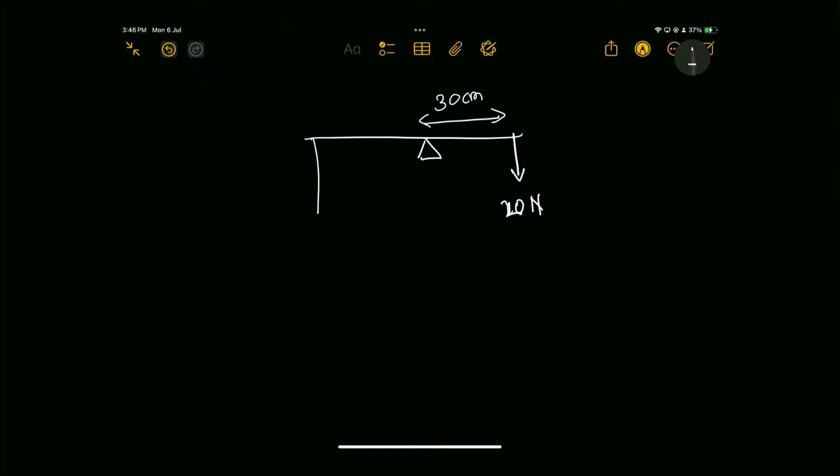And here we have a force acting downwards, and this is acting at 50 centimeters from the pivot. We want to know what force F would cause this system to be in equilibrium.